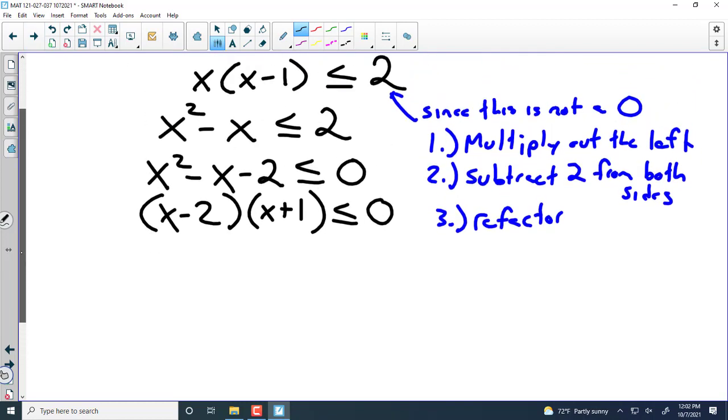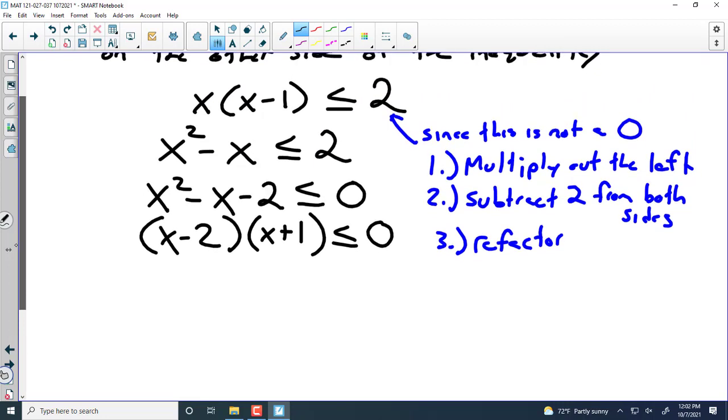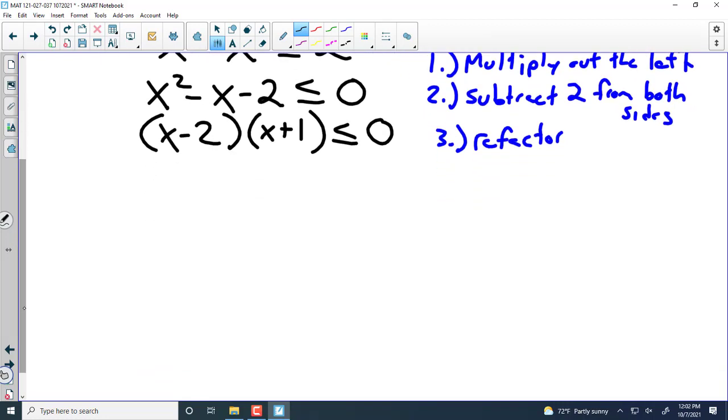Because this original question is not asking where is it below the x-axis, it's asking where is it below the line y equals 2. And finding where something is below the line y equals 2 is much trickier than finding out where it's negative. So, if you were to make yourself a little number line here, you can either do a bunch of test numbers, or you can remember what a parabola looks like.